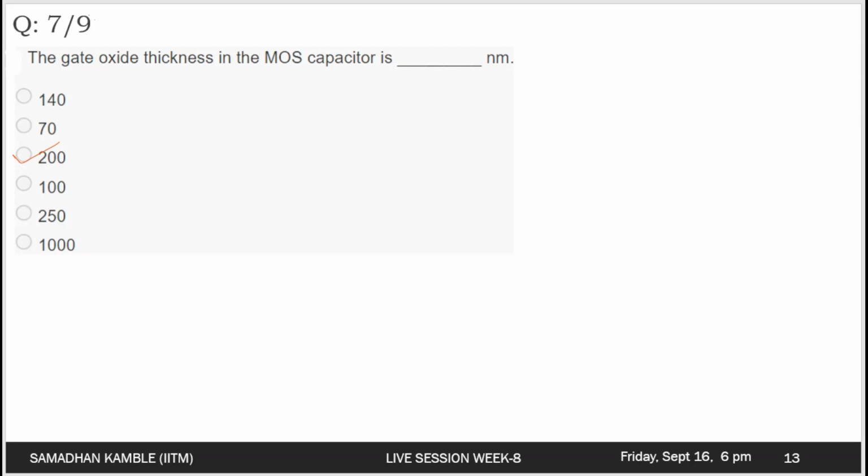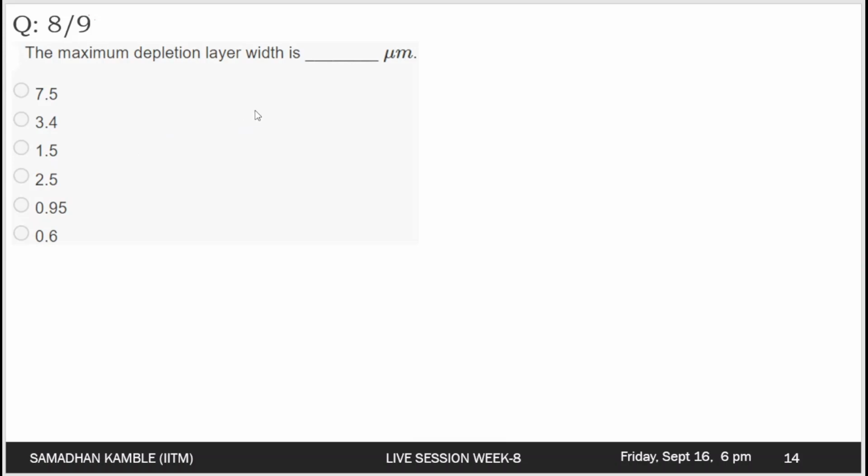Let us go to question number 8, which is again based on the same data. The maximum depletion layer width is in micrometer. So what they have asked is the maximum depletion width. So as we have discussed, the maximum depletion layer width happens when the capacitance is minimum.